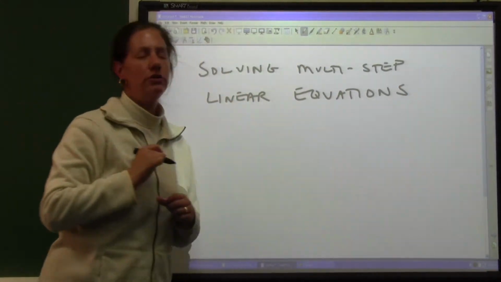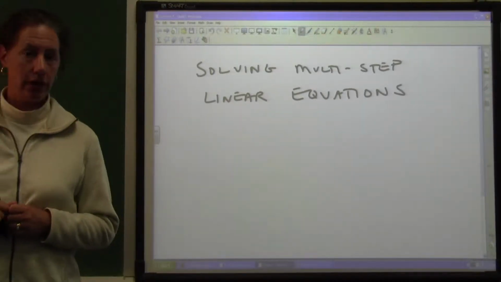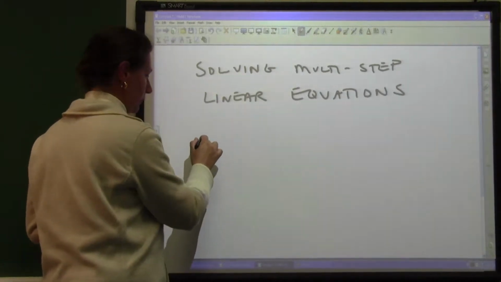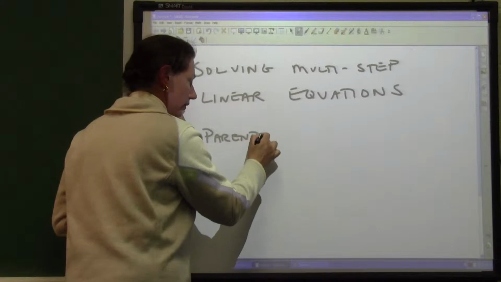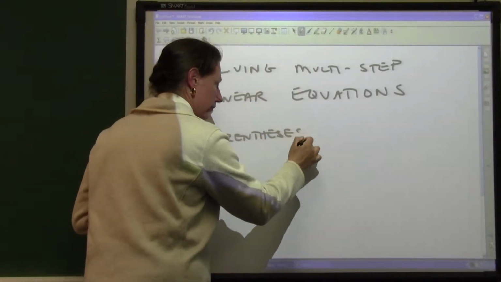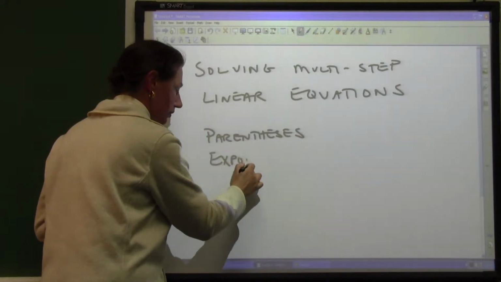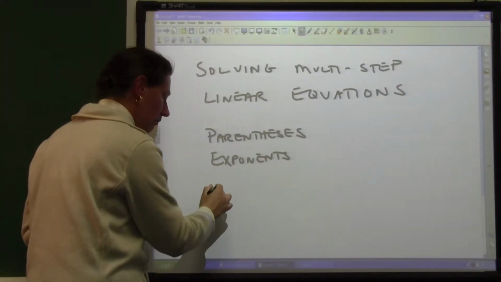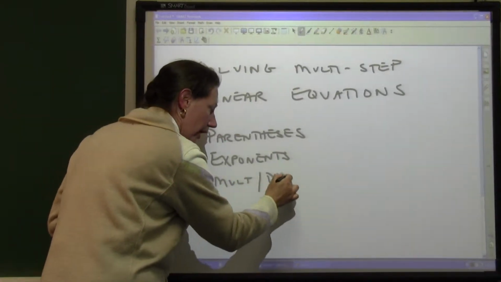I first need you to recall your order of operations that you learned in middle school. First on your order of operations is parentheses or grouping symbols. Next is exponents. Next is evaluating multiplication and division.